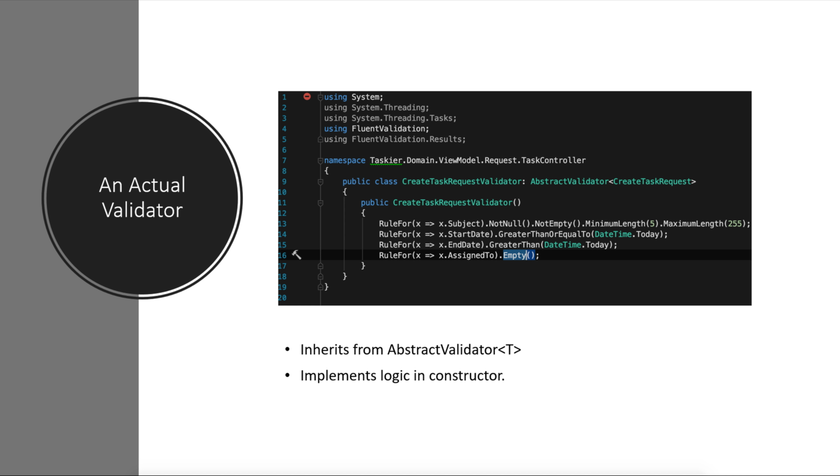So we've inherited from the abstract validator class, and that is an abstract class. So you can't just new up an abstract validator. You actually have to inherit from it in order to have a class that can be instantiated. And then we're implementing our logic here in the constructor, and so that's really how a validator goes. There's some other things you can do with this.